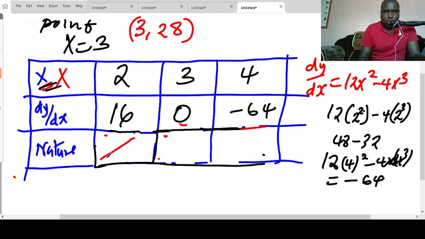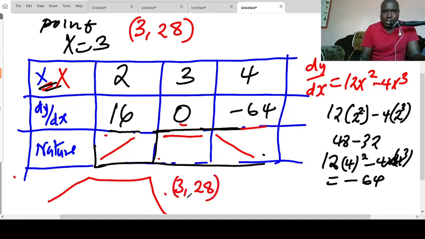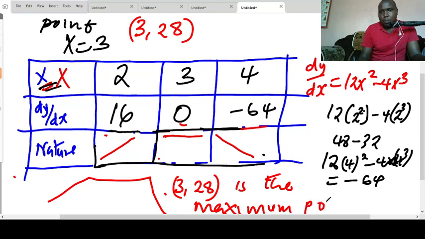This is 0, kwa sababu imepanda, hiyo itakuwa hapa juu. Hii ni inaenda chini, so itatoka hapo ikuje chini. So the nature is going to be this. Then this point, it means that 3, 28 is the maximum point. And that is how you will get your 10 marks. Thank you very much.